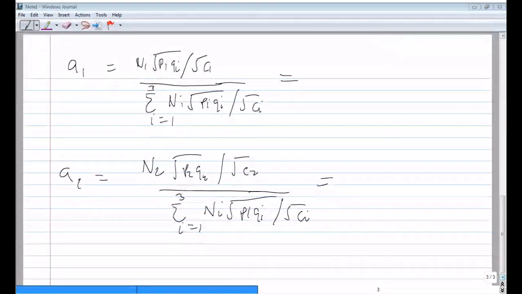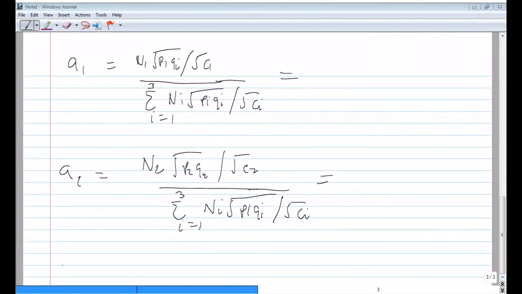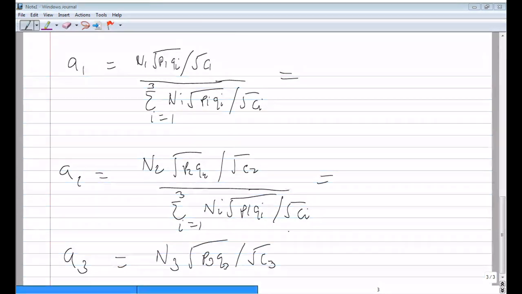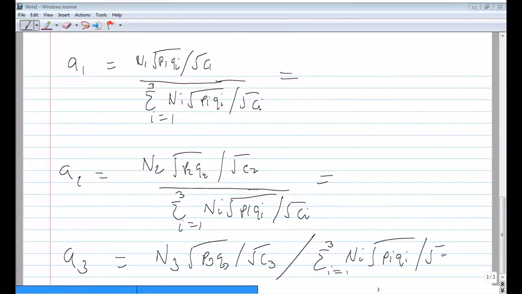The last one is going to be A3, which is equal to what? N3 square root of P3 Q3 divided by the square root of C3, all divided by summation i is ranging from 1 up to 3 of Ni square root of Pi Qi divided by the square root of Ci.